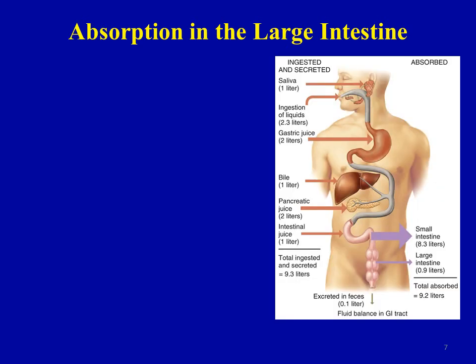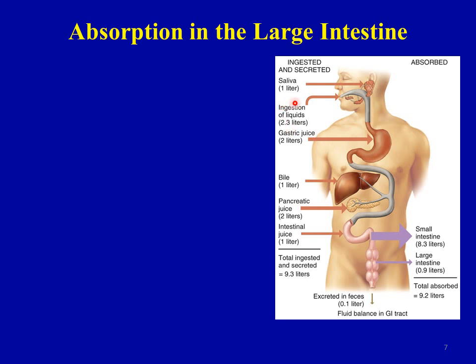Now we'll talk about the absorption of the large intestine. As you can see, every day there are fluids that enter the alimentary canal and fluids that leave the alimentary canal. First we see that we produce about 1 liter of saliva.